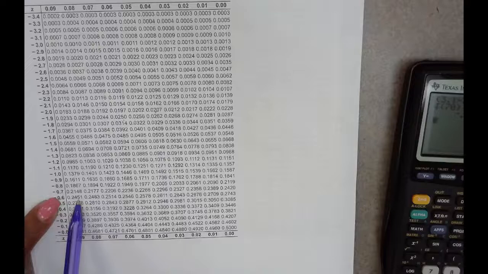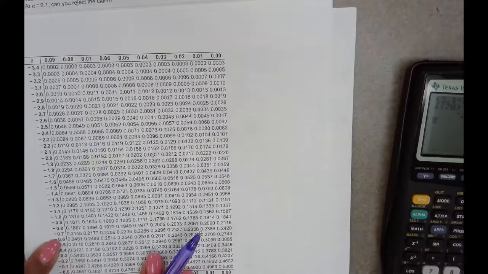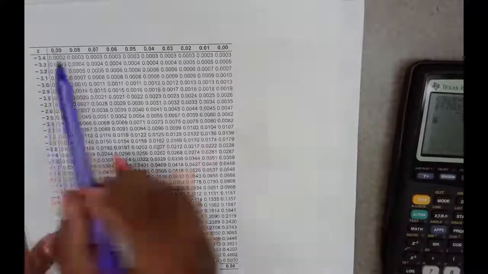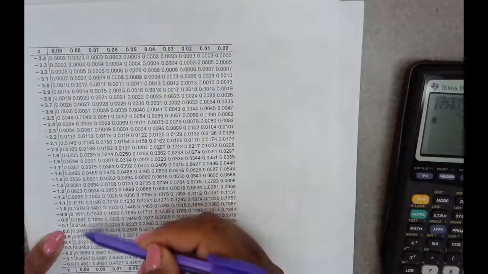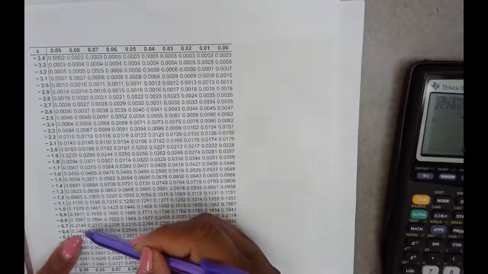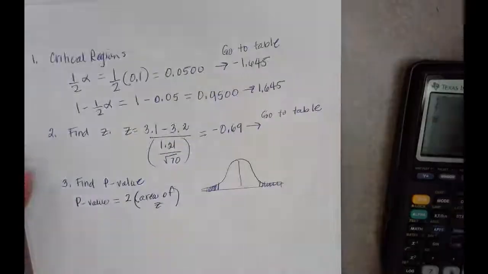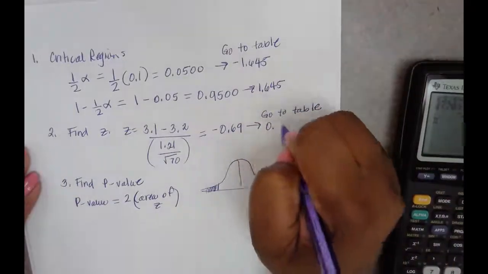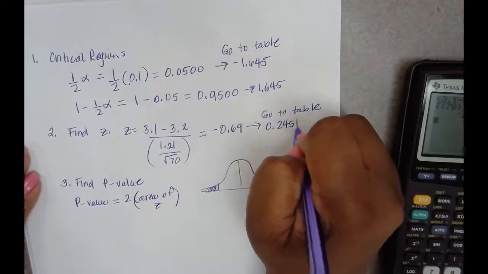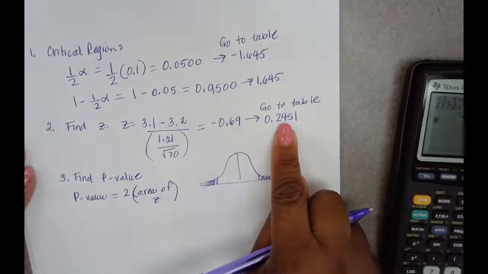That's this right here. Y'all remember the negatives go backwards. There's 9 right here. That's the Z area. 0.2451.